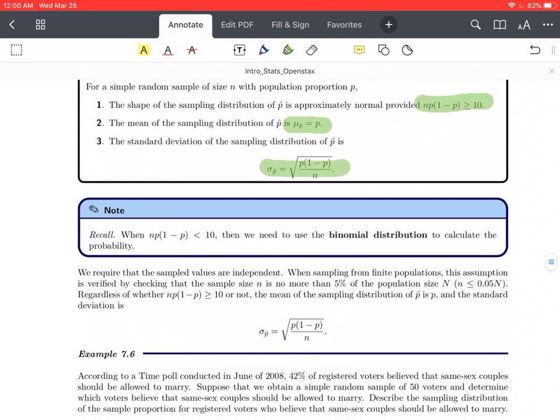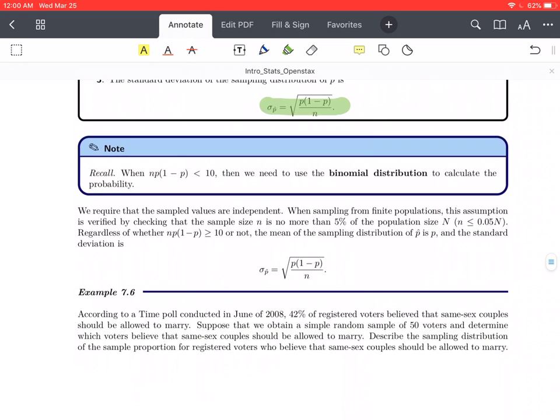Okay. And then what it talks about down here, the binomial distribution, it mentions that one as well. But this one, we can look at independence of values. So when sampling from finite populations, this assumption is verified by checking the sample size is no more than 5% of the population size.